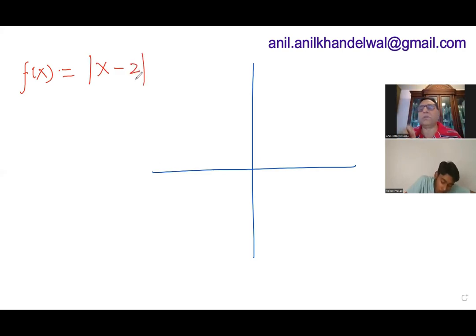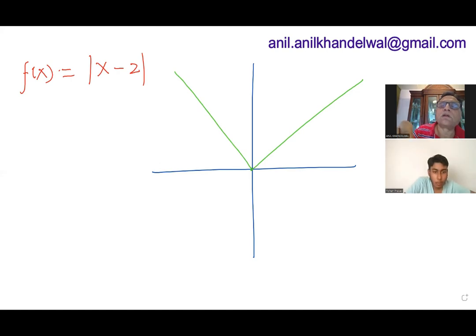In that case, tell me, what will happen to the absolute value function, which originally was something like this? It would shift horizontally 2 units to the right. You are right. So this will shift horizontally 2 units to the right. Correct? That is what this function will be.